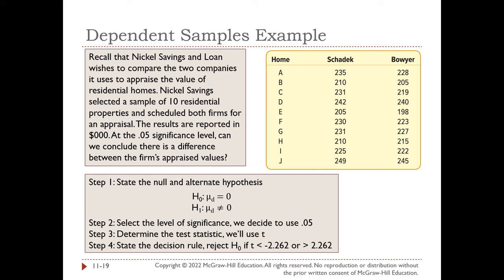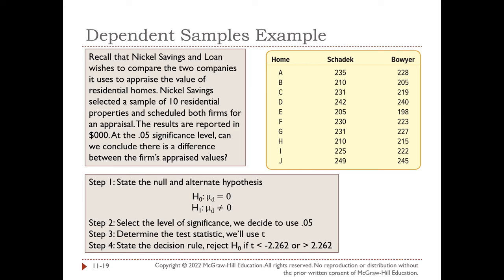Step 2 is again our level of significance, which is the 0.05. Determine the test statistic. Again, we're going to be using the t value. So that means our decision rule: we're going to reject if t is less than negative 2.262 or greater than 2.262.